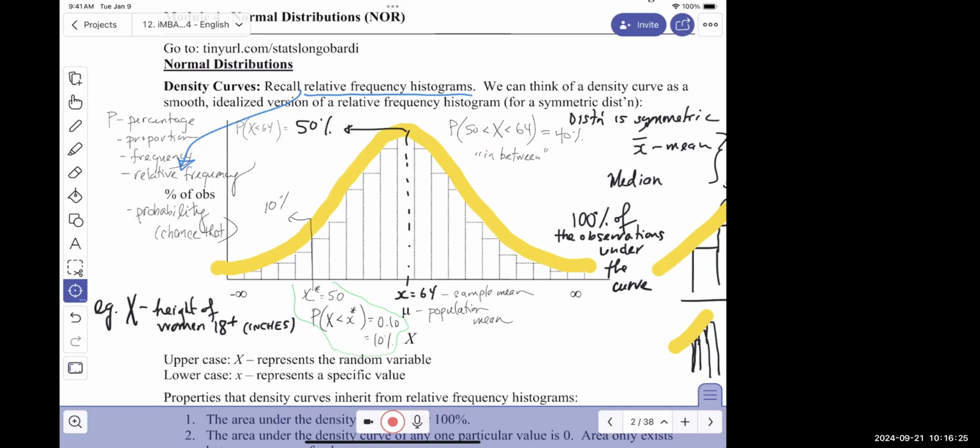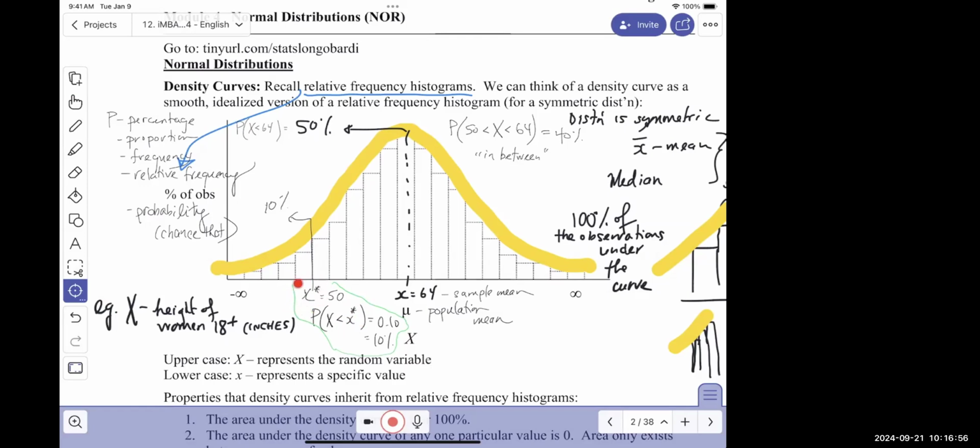So we talk about area to the left, known as, what's the word for that, area to the left? Area to the left corresponds to calling this value a percentile. So what is X star?